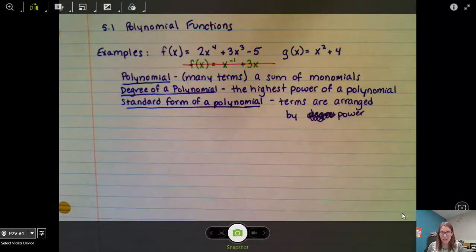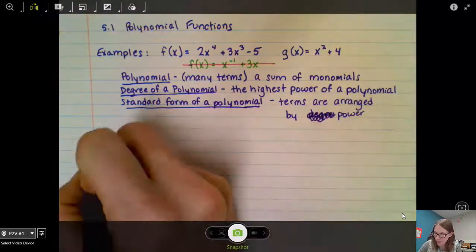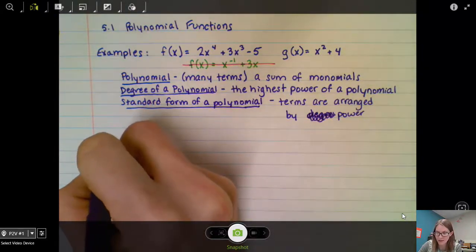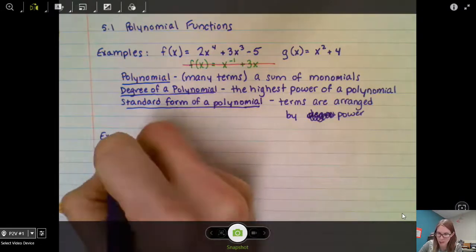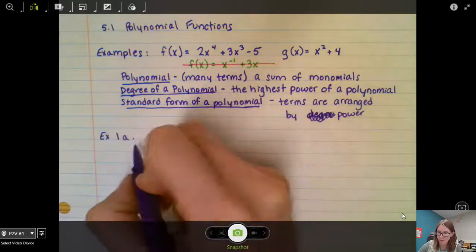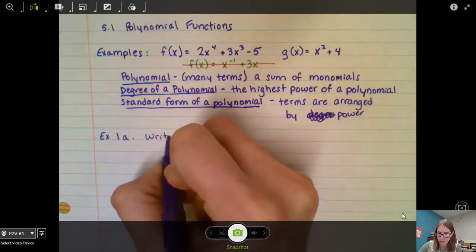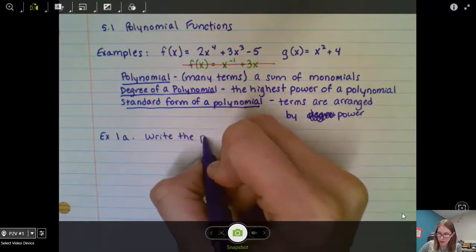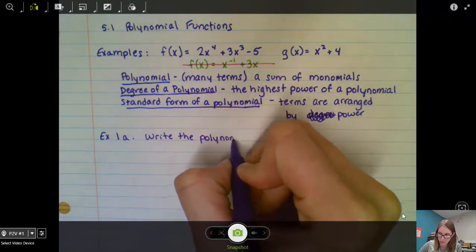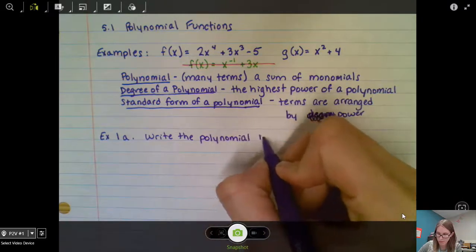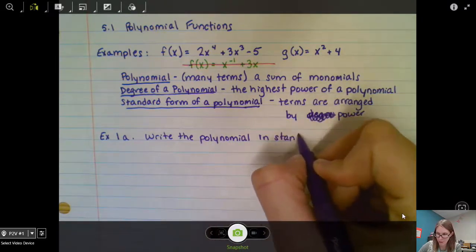Okay, so let's do a little bit of practice with these vocab words. So example 1a, we'll write the polynomial in standard form.